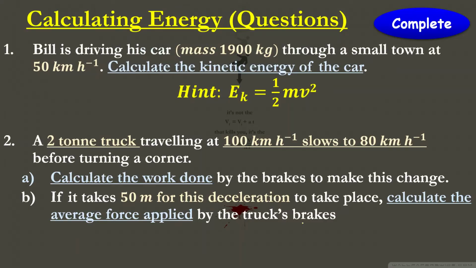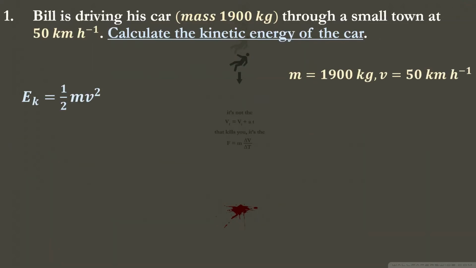Let's try some calculation questions and see how we can solve them. Okay, so question 1, it says Bill is driving his car. That car has a mass of 1,900 kilograms through a small town at 50 kilometers per hour.